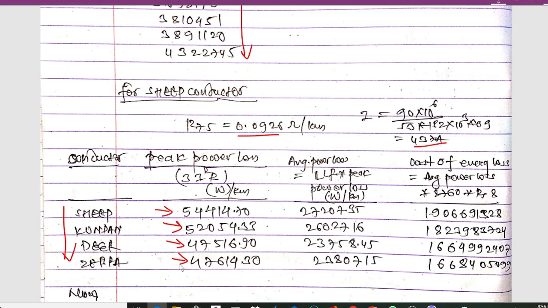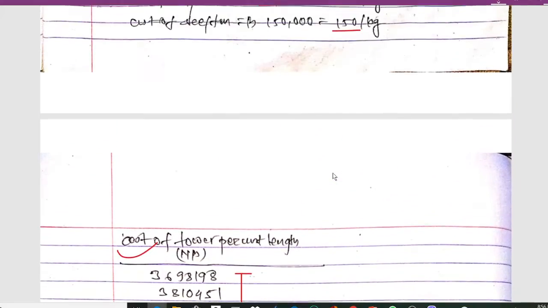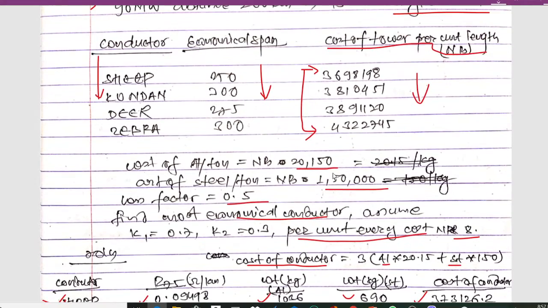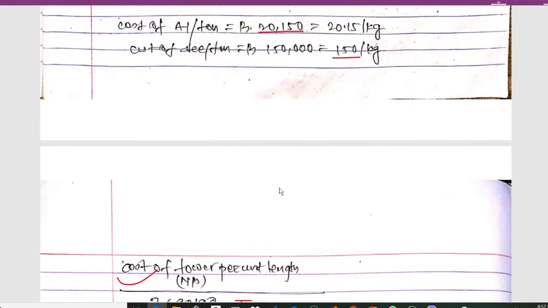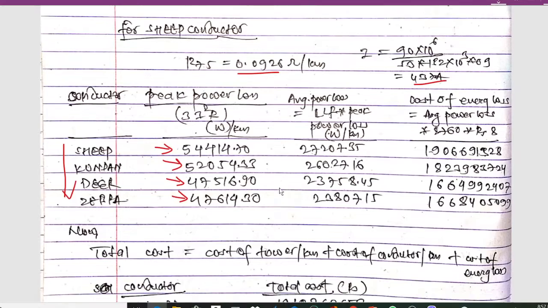Now average power loss. Average power loss is calculated as loss factor into peak power loss, watt per kilometer. Loss factor is given in the question as 0.5.